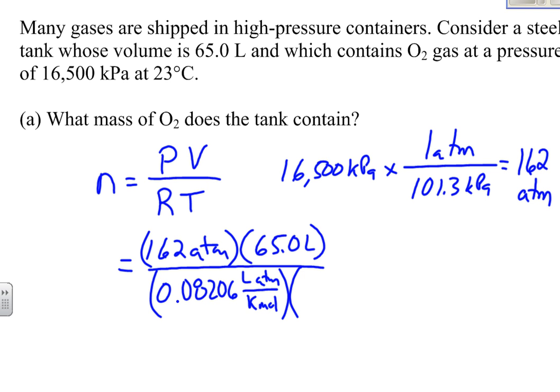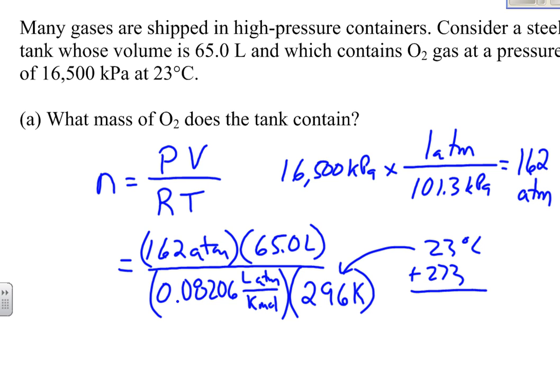So it would be 296 Kelvin. Again, that's 23 degrees Celsius plus 273 to give us the 296 degrees Kelvin. This will then give us the number of moles of oxygen. And that works out to 436 moles of O2.